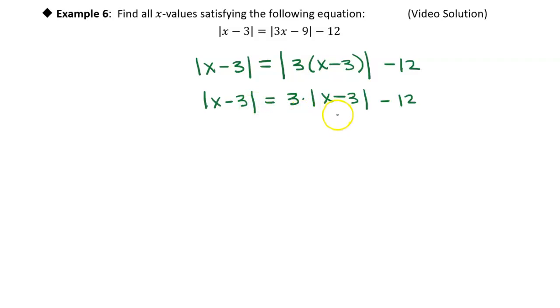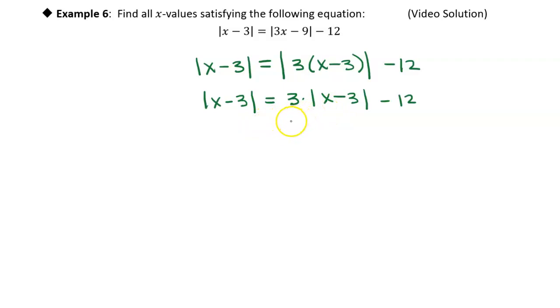Now I've got the absolute value of x minus 3 on both sides. I've got 1 on the left, and I have 3 of them on the right. This is 3 times that. So I could move them all to one side.